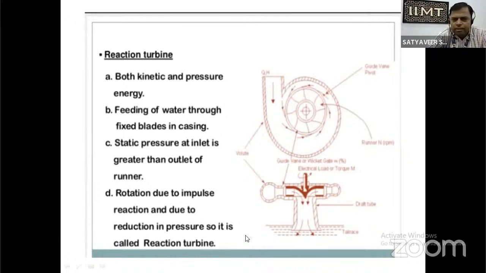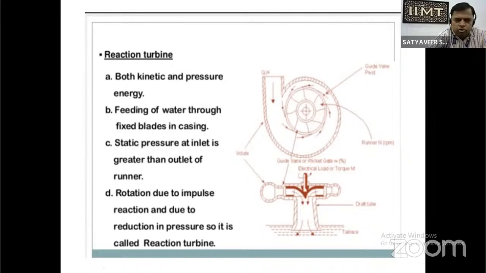Reaction turbine is also called the pressure turbine. We can see the figure of the reaction turbine. In this case, there are two types of blades: one is a fixed blade and the other is a movable blade. This is the guide vanes, and this is the runner, and the runner is rotating with the shaft, and the shaft is rotating at some RPM.